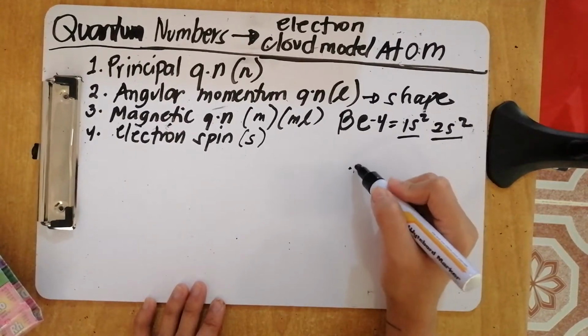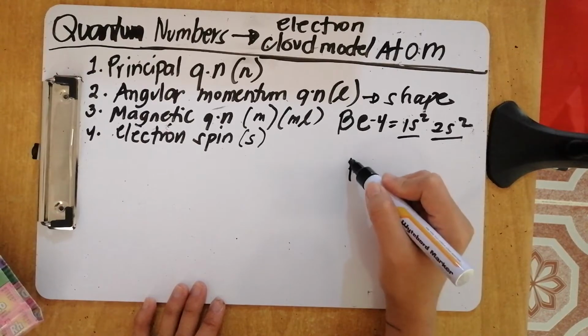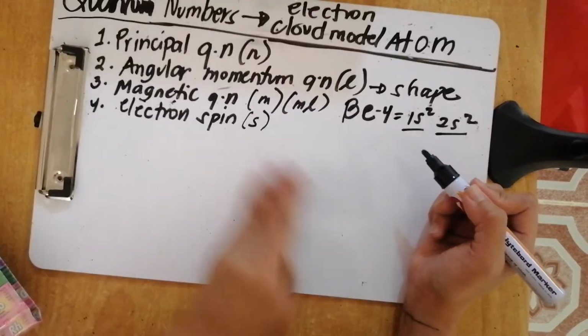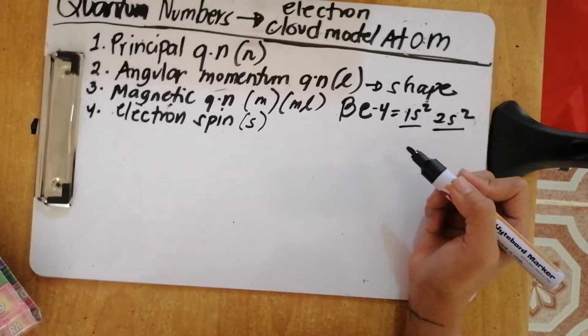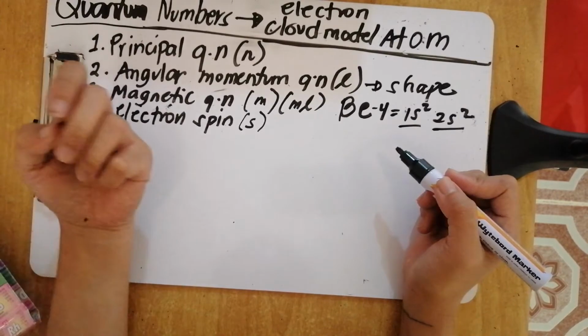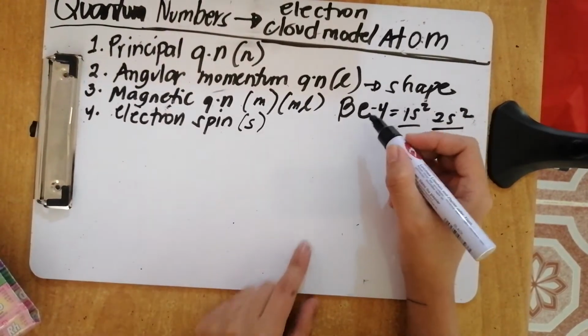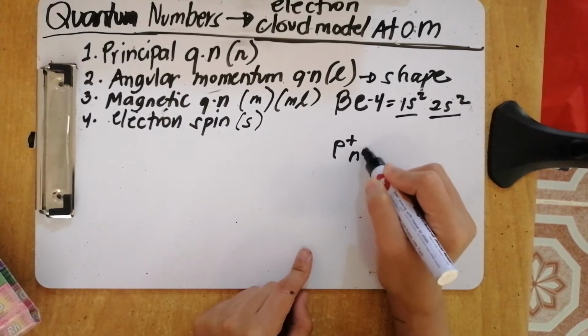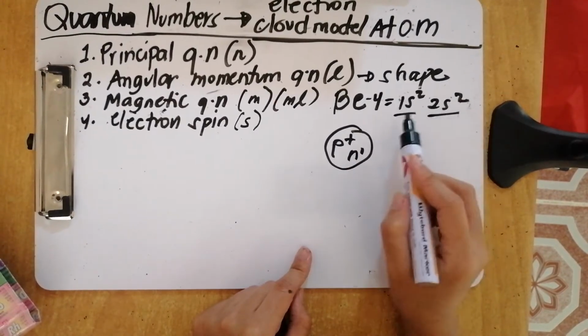So inside beryllium, if we're going to draw it, very simple drawing using the orbital model, beryllium will look like this. There is proton inside, there is neutron, and then outside we have these electrons.